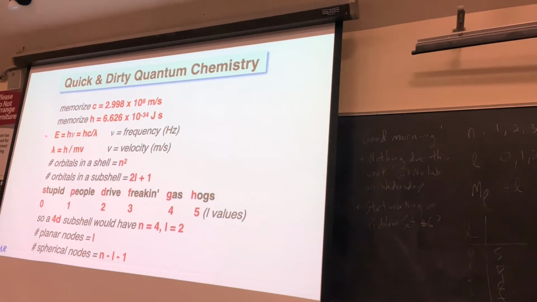We saw that the energy of a photon is proportional to the frequency. That little nu right there is the frequency symbol, and it's proportional based on Planck's constant. And we also talked about how frequency and wavelength, this number, equal the speed of light. So what people sometimes do is substitute in for frequency the speed of light over wavelength. And if you do that, this is the equation you get.